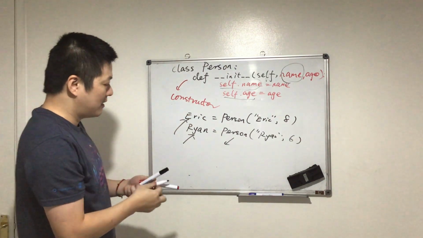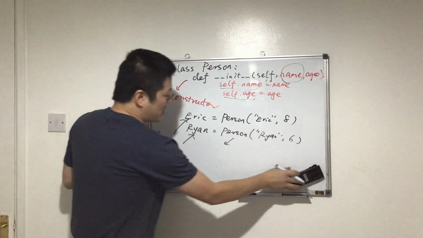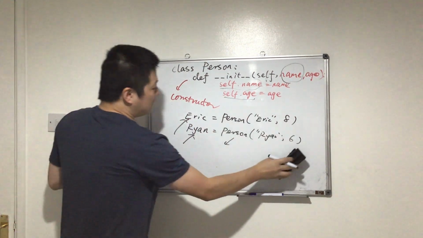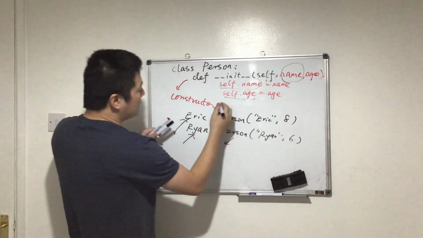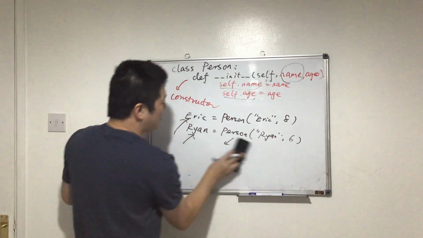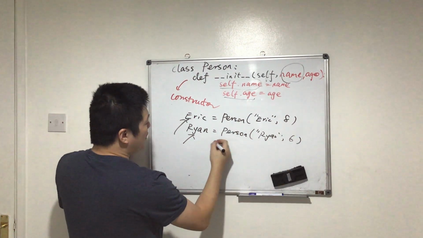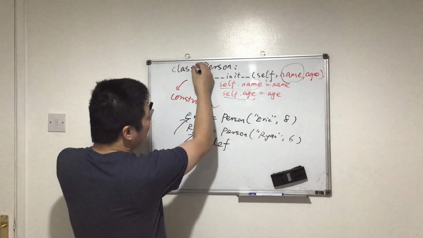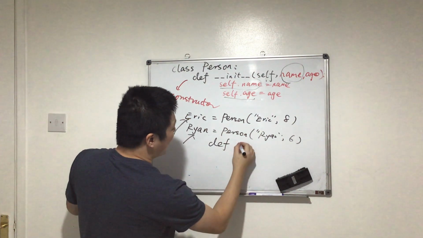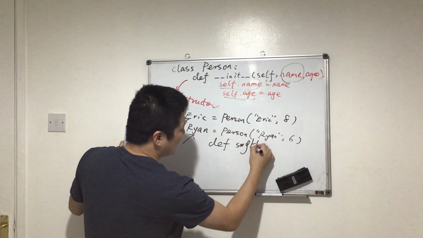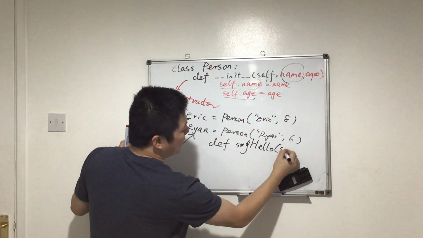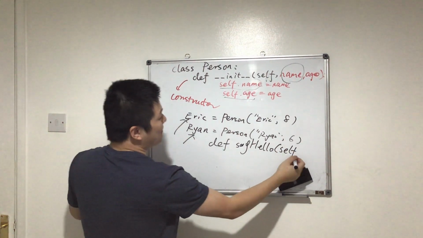It means that we can define a function inside this person, say_hello. We can take a message. The first parameter is always self, then message.